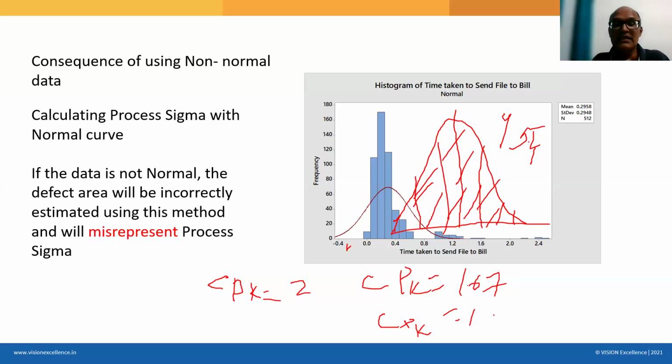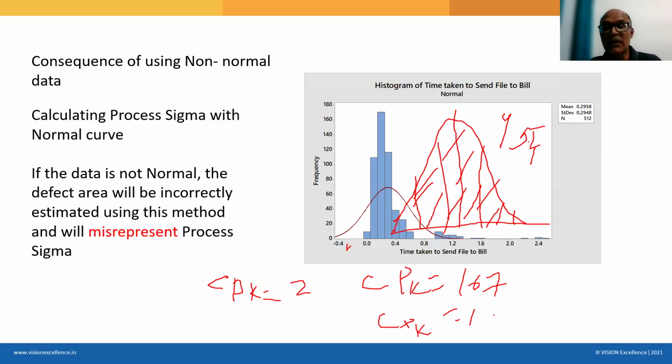The conclusion is that 99.73 percentage of points are within the specification. 0.27% is outside the specification. That means 0.27% you are outside, in other words, you are having 2700 ppm.